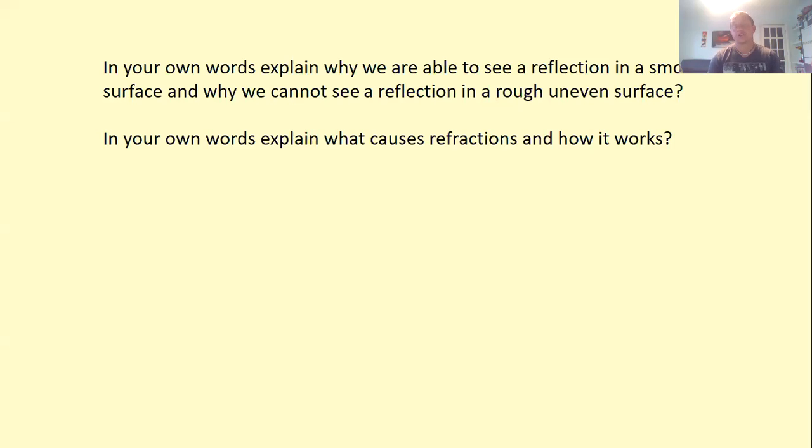Now I'd like you to use some scientific terminology in your explanations, and I expect at least a paragraph on each. It is a 6-mark assignment, so you want to be looking at giving at least 3 points for each.